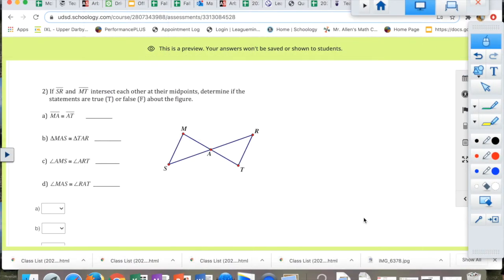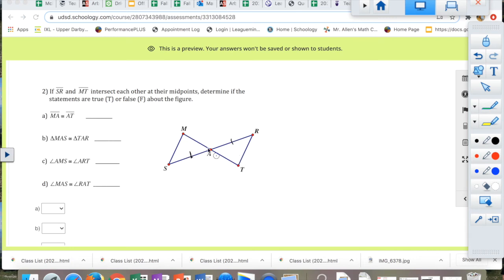All right. SR and MT intersect at the midpoints. So if these two intersect at the midpoints, that means this segment, SA, is congruent to this segment over here, AR. So I put 1 tick mark on each of them.